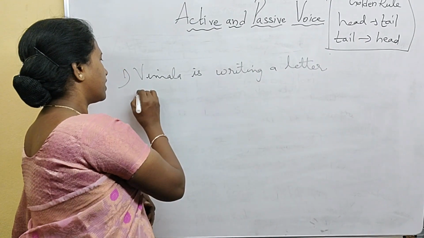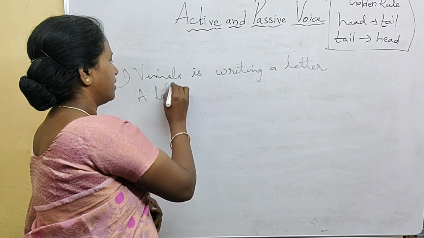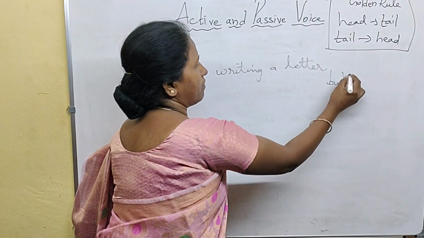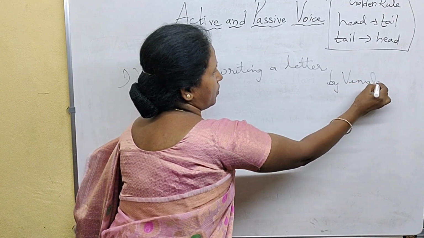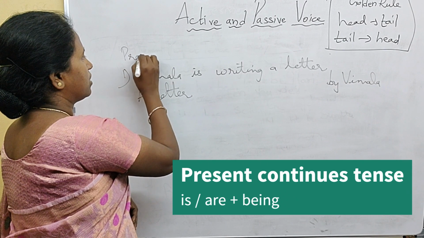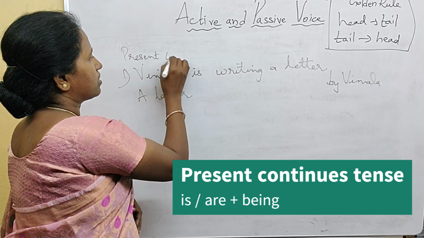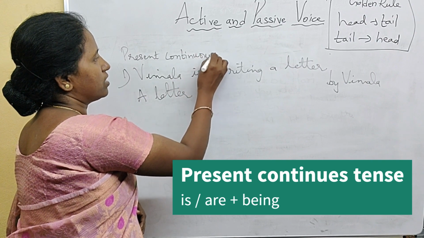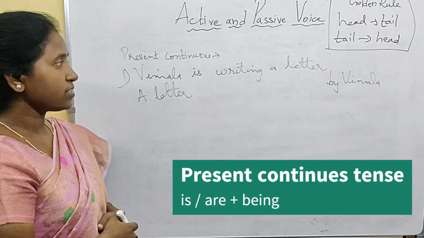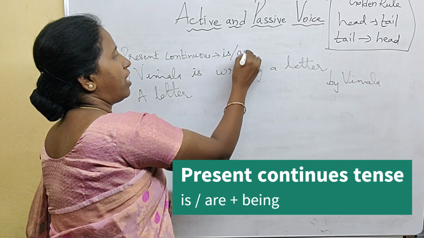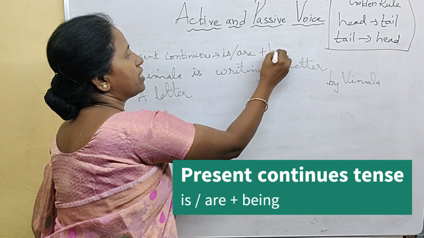You will make the tail the head. A letter by Vimala. Okay. So this is in present continuous tense. If it is in present continuous tense, what you will do is, you will write it as is or are plus being.